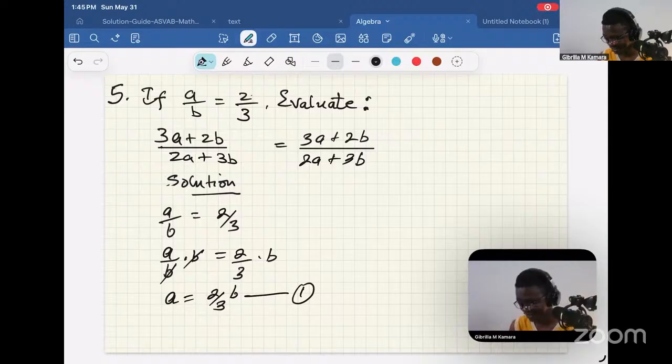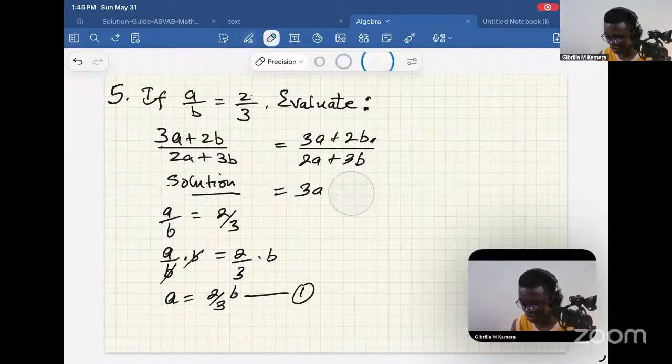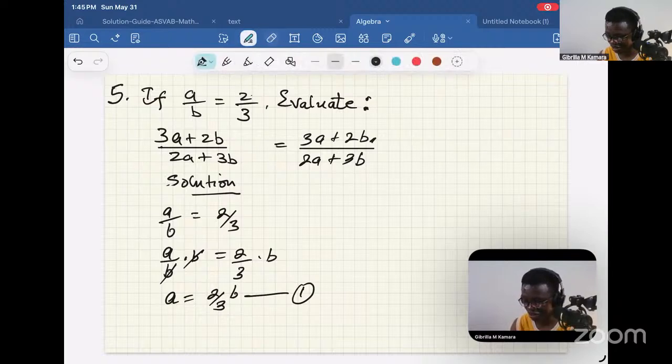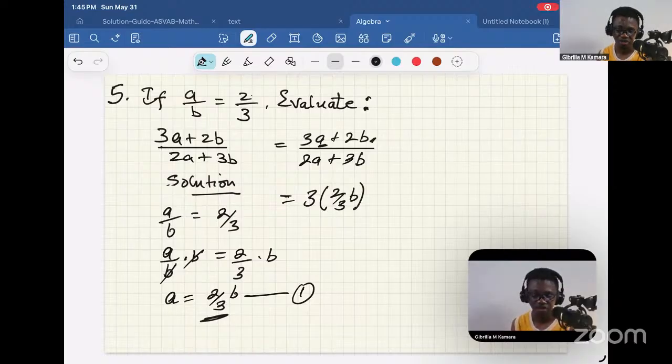Now look at this. You say 3a plus 2b. Wherever you see a, you replace it with this equation. So this becomes 3 into, instead of a, the whole of this, 2 over 3b, and you close that bracket.